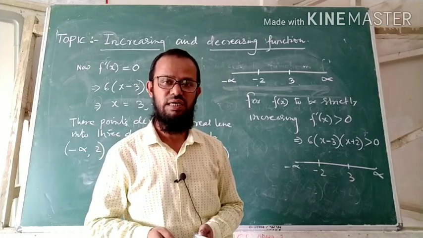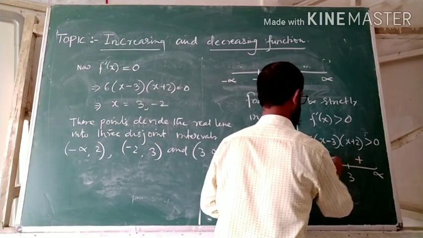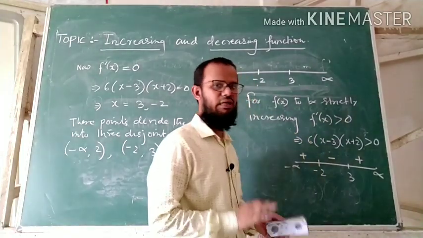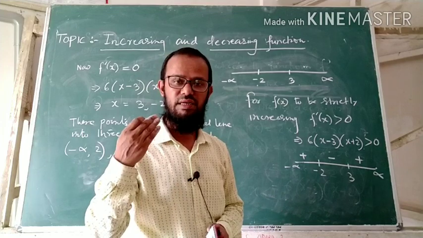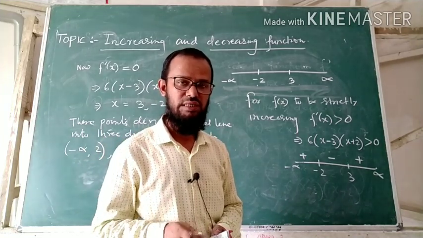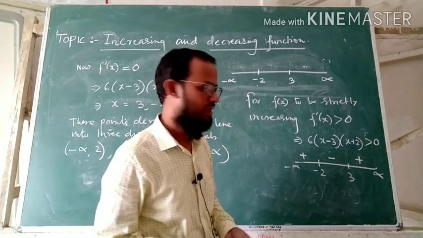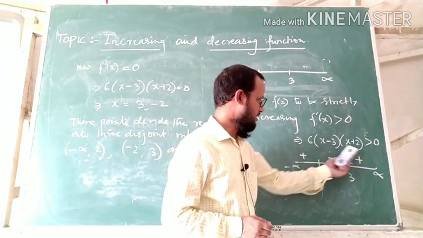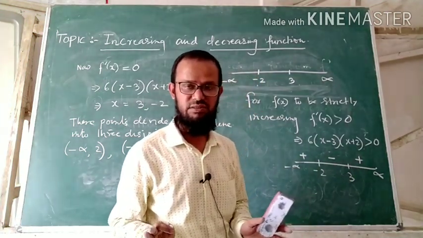Right, we will start from positive. So this will be positive, this will be negative, this will be positive automatically. No need to check. Earlier I have given an example putting the value and showed you that yes, here it is positive, here it is negative, here it is again positive. But whenever you get such an expression, you write like that without any hesitation.